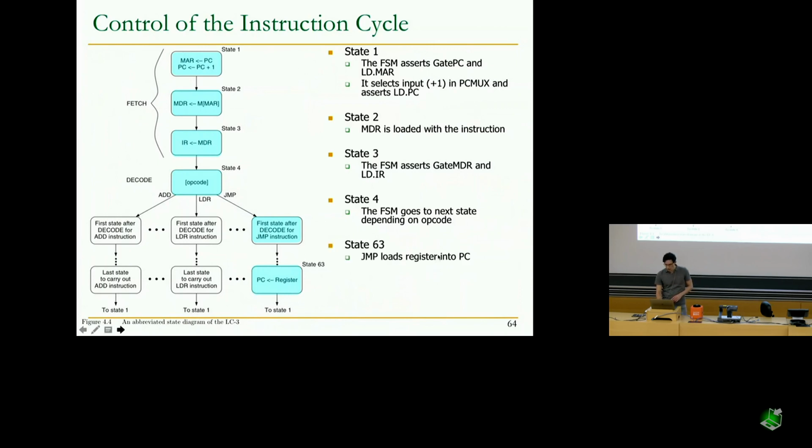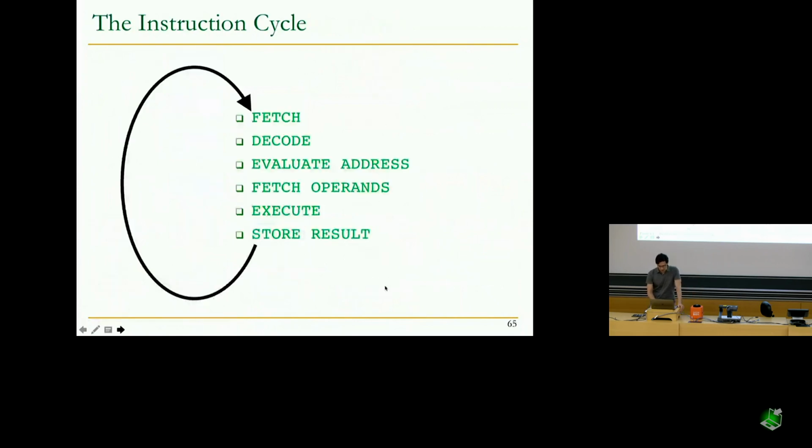We load the register that is the base register indicated in the jump instruction. We load the contents of this register into the PC, because the content of this register is the address where we want to jump. You will see the full state diagram later, but if you want to take a look, you can go to Appendix C in Patt and Patel.